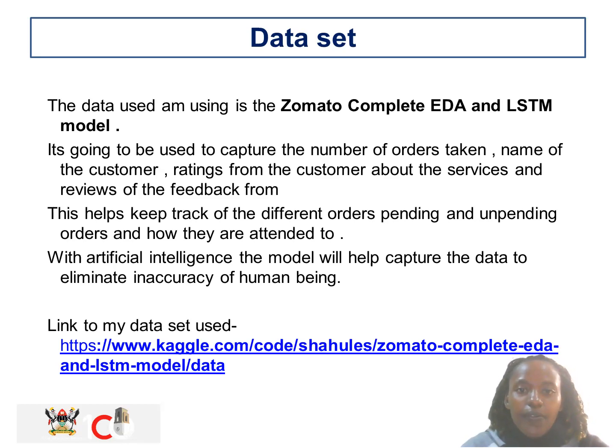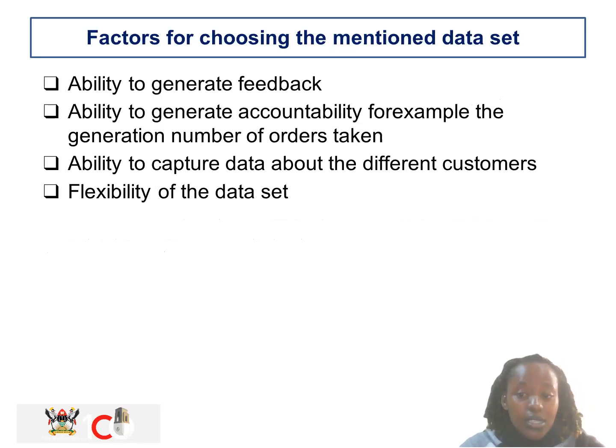And why would I go for it? It's because of its ability to generate feedback, because everything you do, you must be able to generate feedback from the customers and even other people, and its ability to give accountability, like marking the orders that someone has taken. It's easy to use and generate accountability.